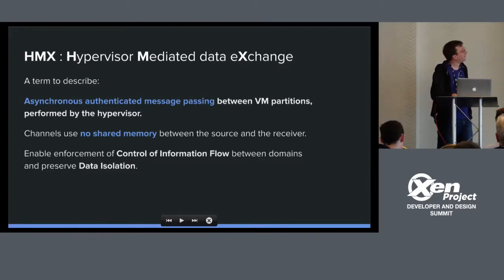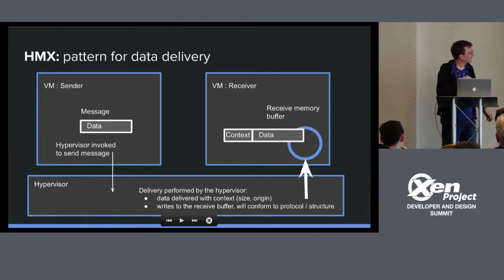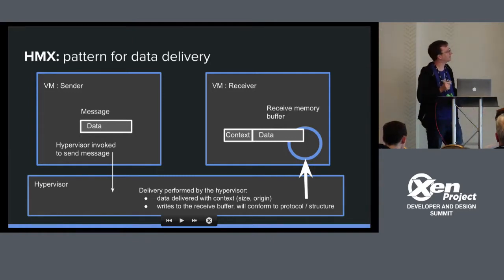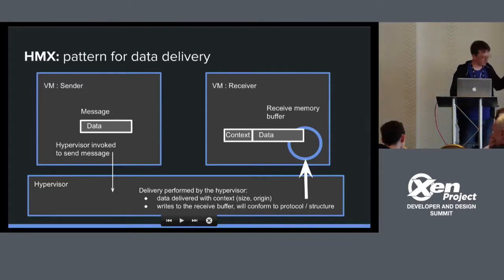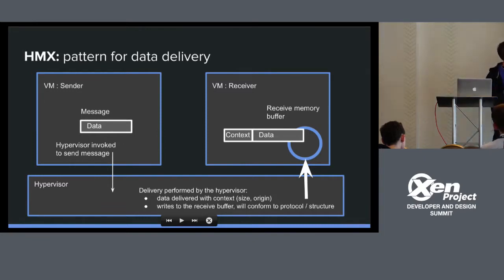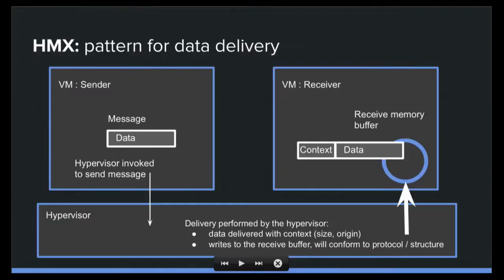So this diagram might help make that concept a bit easier to follow. But what I'm really looking for here is that in order to get data from the sender to the receiver, it's the hypervisor that performs the transfer from one partition to another, so that the conformance to the ring protocol can be trusted because it's the hypervisor, the trusted entity, that performs it.